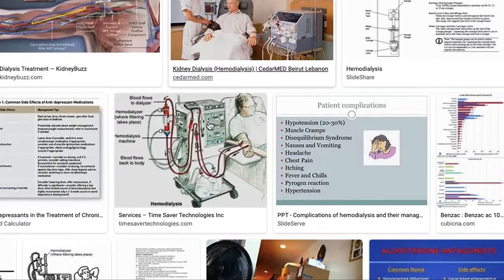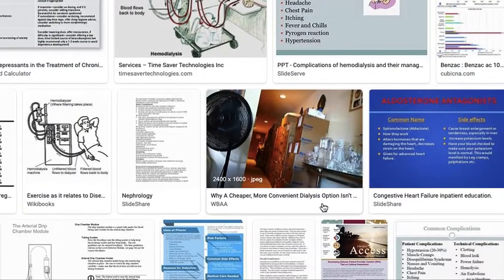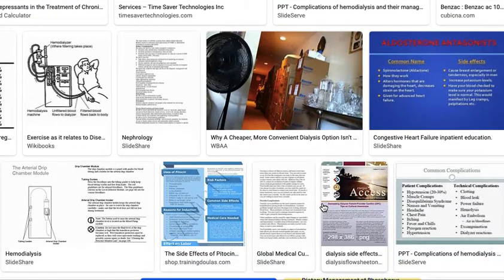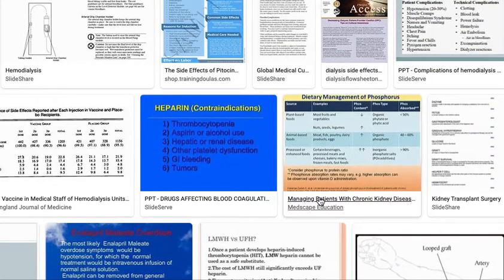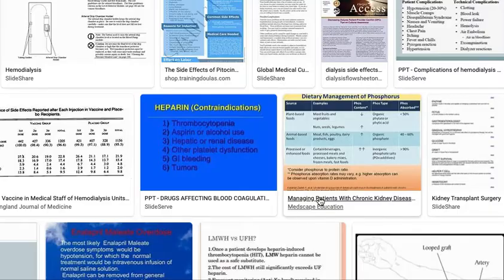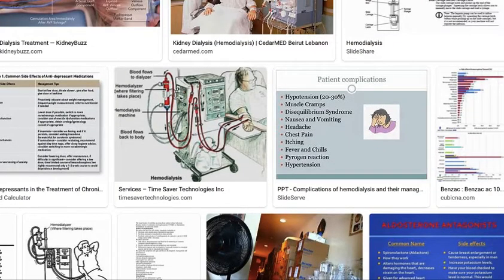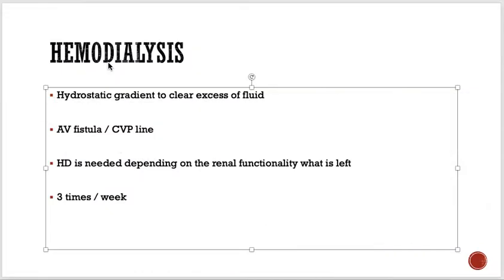I'm just trying to find out if we can find something good, but I think not. So the risks and complications could be anything, starting from hypotension, of course.